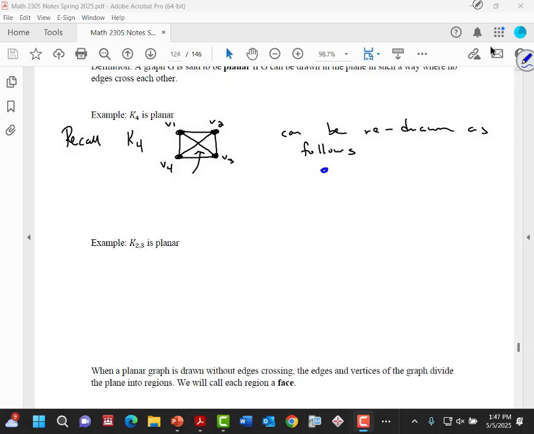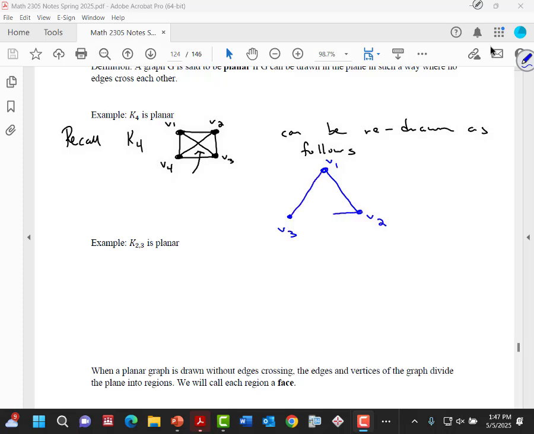I can redraw this graph. Let's say I have V1, V2, and V3. What's the definition of K4? I've got 4 vertices, and I need to draw it in such a way that no two edges overlap. So V1 is going to connect to V2 and V3.